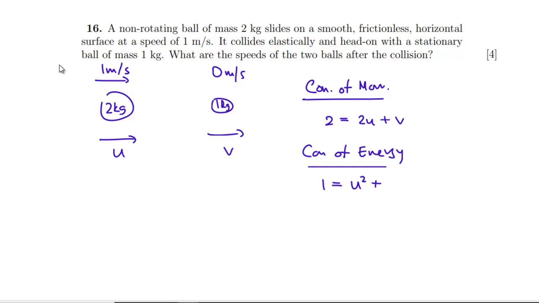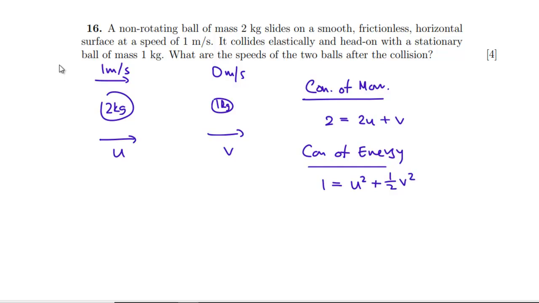This is going to be a half mv squared. So that's a half of 2 times 1, which is 1. A half mu squared, so a half m again is 1 times u squared, so we just have u squared. Then a half mv squared, so that's a half of m times v squared.